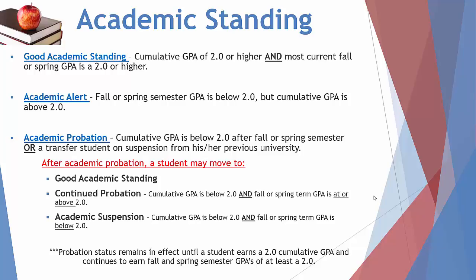After academic probation, a student may move to either good academic standing, continued probation, where the cumulative GPA is below 2.0 and the fall or spring term GPA is at or above a 2.0, or academic suspension, where the cumulative GPA and the fall or spring term GPA remain below 2.0. It is important to note that a probation status will remain in effect until a student earns a 2.0 cumulative GPA and continues to earn fall and spring semester GPAs, also of at least a 2.0.